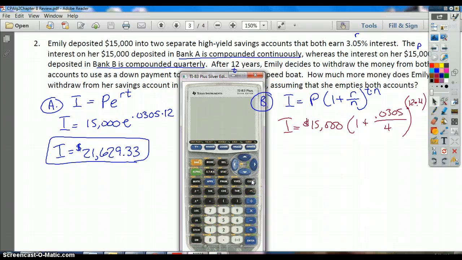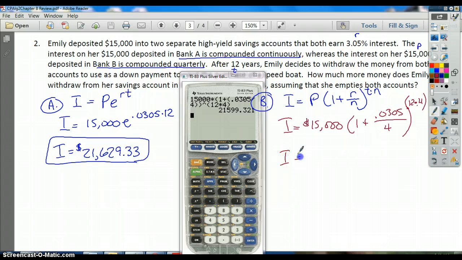So we have 15,000 times 1 plus 0.0305 divided by 4, all raised to 12 times 4. Okay? So when I hit enter, you can clearly see this account has $21,599.32.